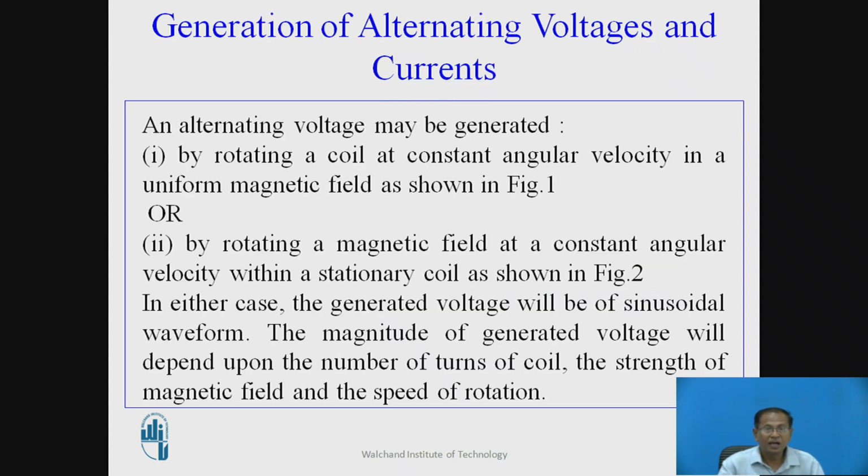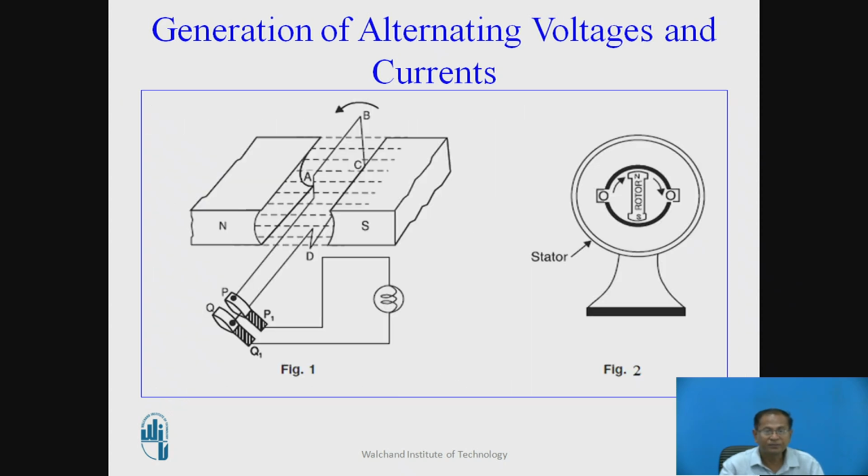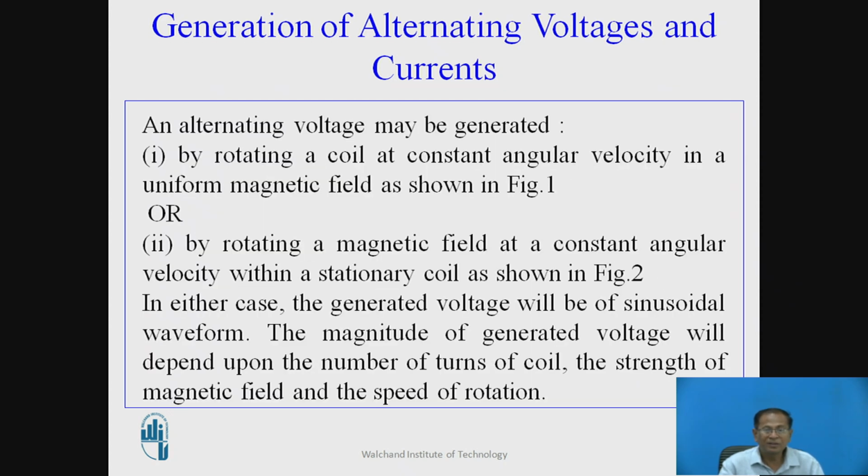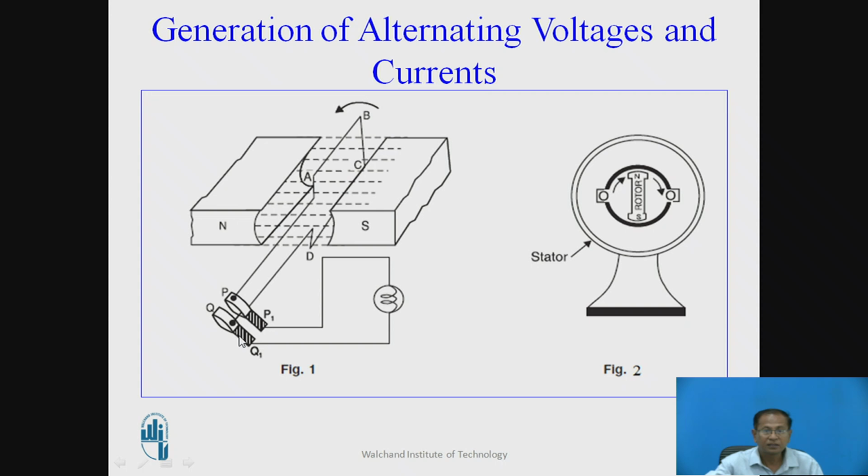Now, an alternating voltage may be generated by a rotating coil at constant angular velocity in a uniform magnetic field as shown in figure 1, or by a rotating magnetic field at a constant angular velocity with a stationary coil as shown in figure 2. Consider figure 1. Here, the coil is rotated with a constant angular velocity in the uniform magnetic field.